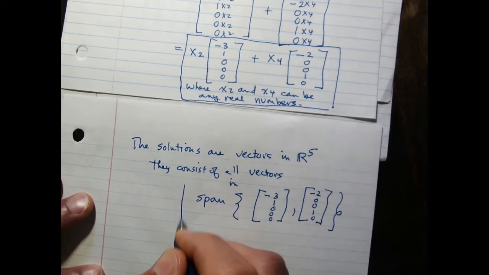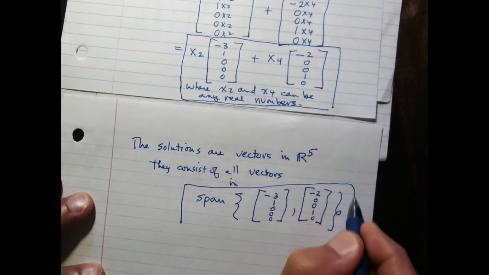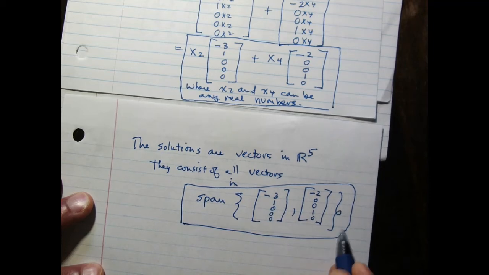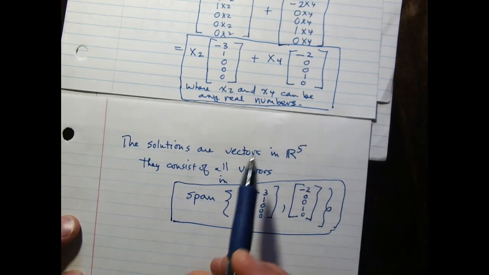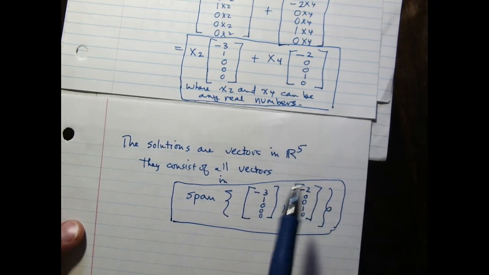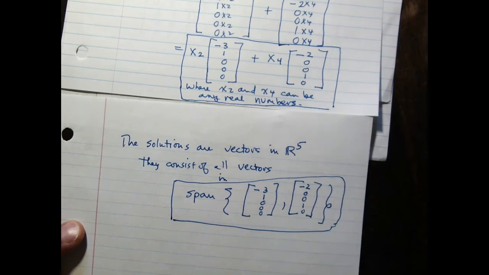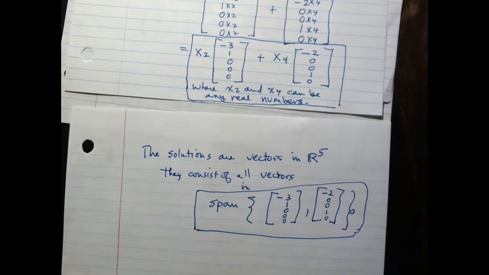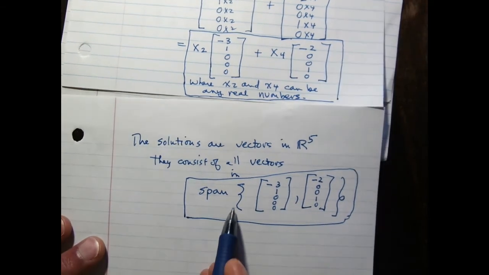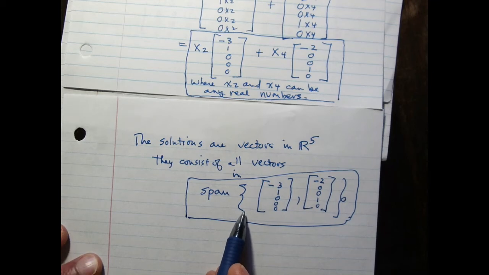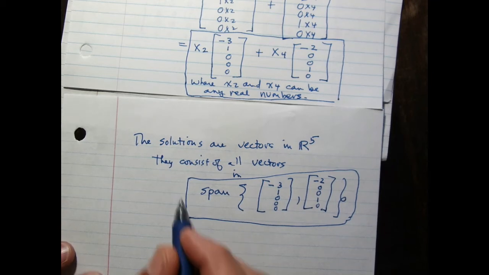So writing the span of those two vectors is another way to express that general solution. It's implied that you're taking all linear combinations of these, which is exactly what that general solution statement is telling us. So this is a fancier way to express the general solution. And what is this?